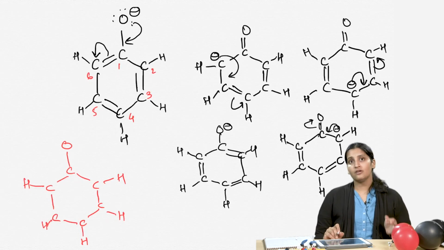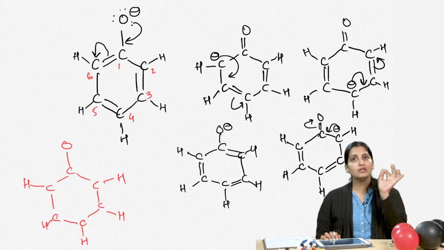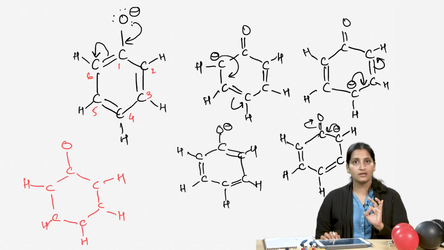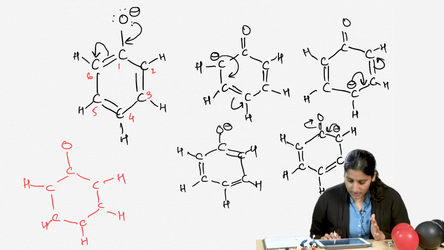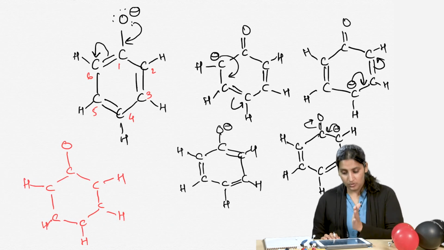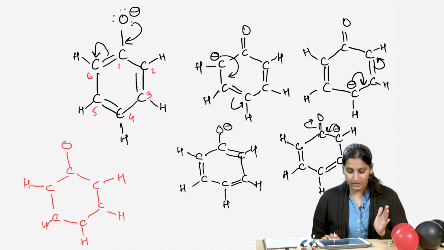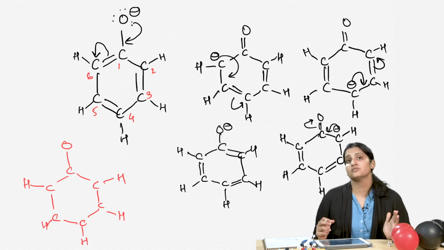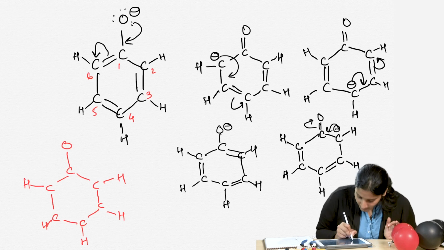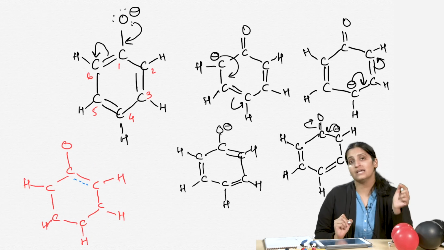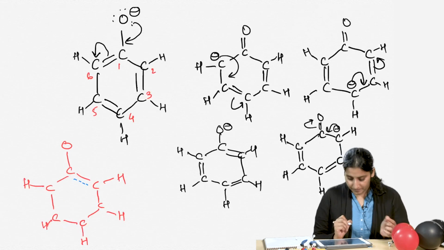Once I am done with that, I think about whether, between any two atoms, there is a double bond in all the structures, or only in some of them. As you can see, between carbon 1 and 2, I have a double bond in one of the resonance structures, but not in all of them. So, I will draw a dashed line between the two carbons.